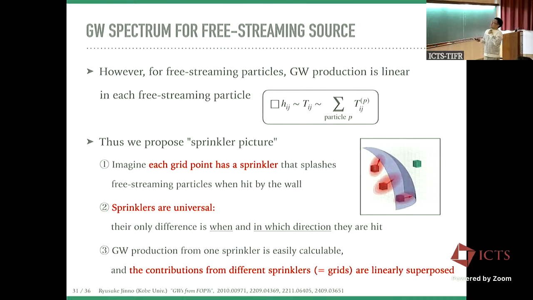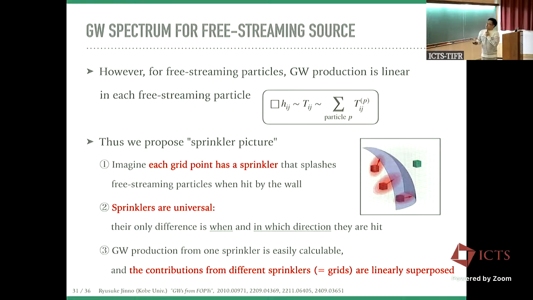Imagine each grid point has a sprinkler that splashes free streaming particles when hit by the bubble wall. The point is the sprinklers are universal. The only difference between one sprinkler and another is when and in which direction they are hit by the wall. For other properties, these sprinklers are universal.